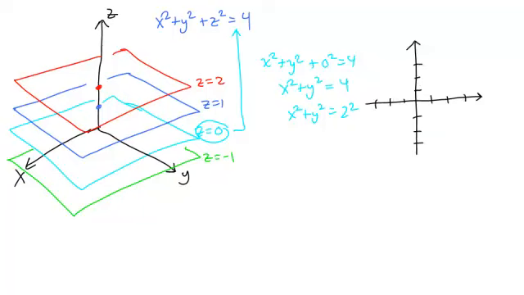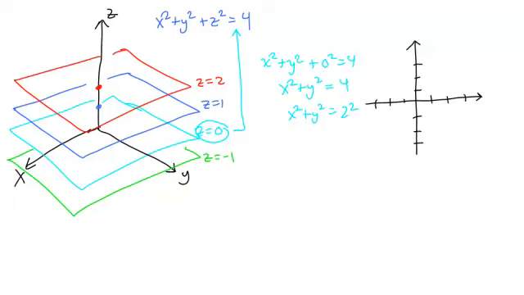Well, what about height 1? If we plug in z equals 1, we get the equation x squared plus y squared plus 1 squared is equal to 4. So that's x squared plus y squared equals 3, or root 3 squared, which means we have a circle here of radius square root of 3. The square root of 3 is about 1.7.